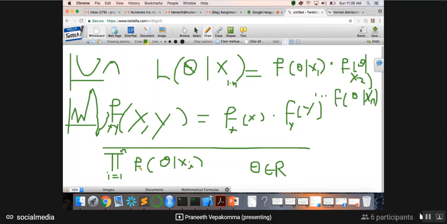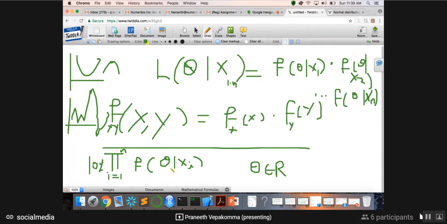So what people do is they apply a log on this. When you apply a log to the product, it becomes a sum of the individual logs. That's the property of the logarithm. So it's called the log likelihood. You can search for log likelihood in logistic regression. That's what they would use.